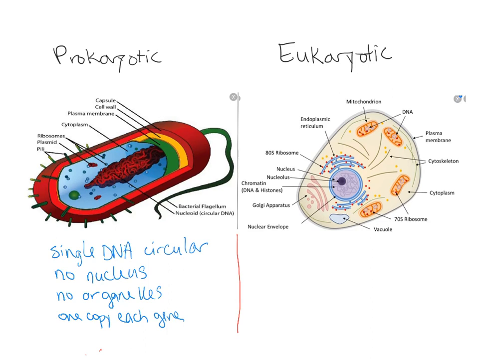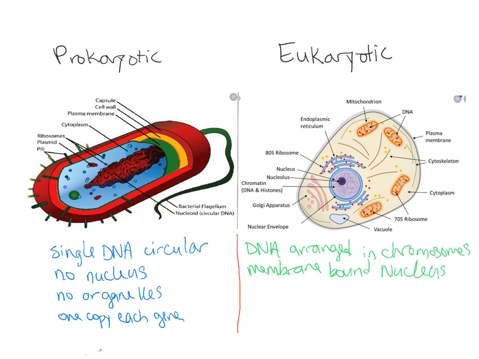So in contrast, eukaryotic cells have DNA that is arranged in chromosomes. And that DNA is enclosed in a membrane-bound nucleus. And actually that nucleus is right here. And eukaryotic cells do have membrane-bound organelles.